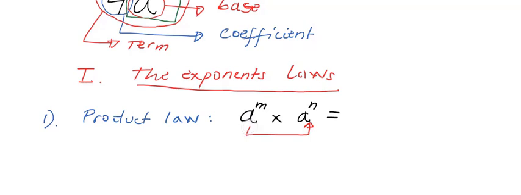The product law only states that you have to write only one base and add the exponents. As we discussed earlier, these two exponents need to be added together. That's why we have a^(m+n).